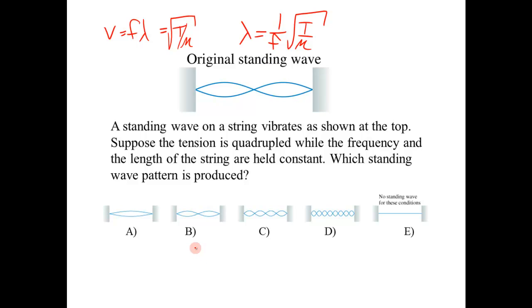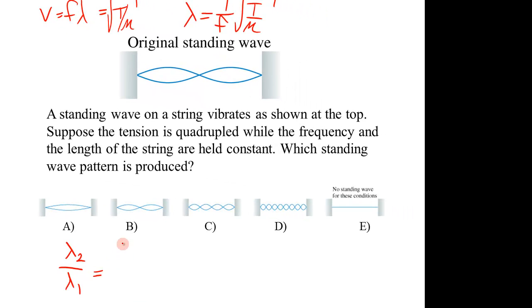Now let's do this with a quick proportional reasoning. So what we'll do is we'll go lambda 2 over lambda 1 is equal to 1 over f, since the frequency is constant, we don't need to put a little subscript on it, I'll show you that in a sec. And then we'll say the square root of tension 2 over mu. Again, the linear mass density is constant, so we don't need to put a subscript here.